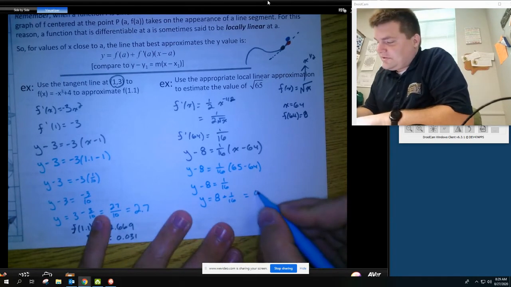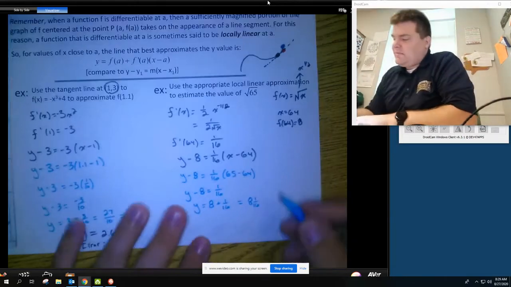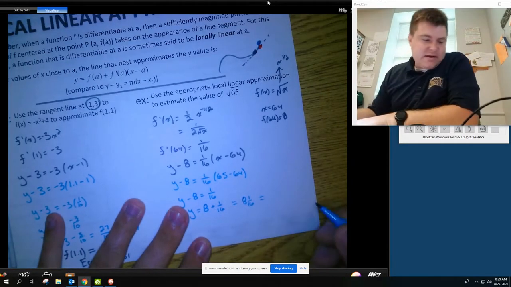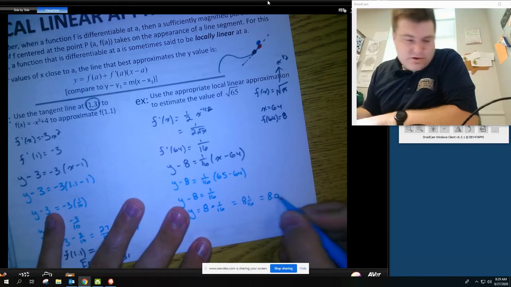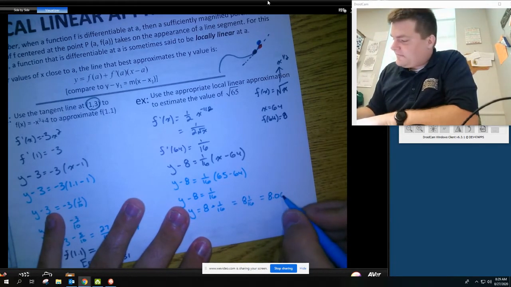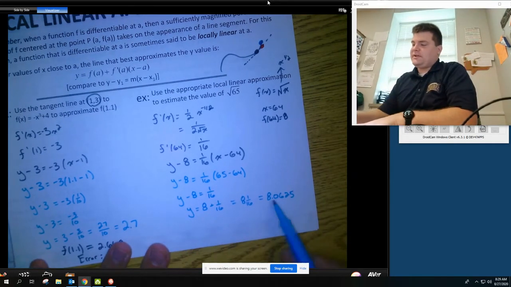We'll just do this: 8 and 1/16. If you plug that in your calculator, you're going to get 8.0625. So that's the approximation right here.